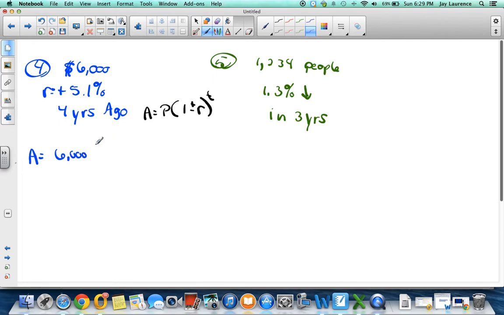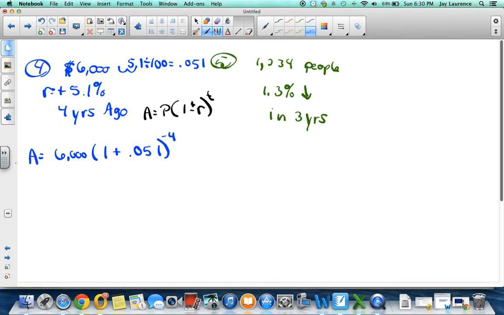We are going up, it's gaining money, so it's a positive. Now I don't put 5.1 in, I take 5 1/10 and I divide by 100, which moves the decimal point 2 places, so it'll be 0.051. Plus 0.051. And it's 4 years ago, so that's a negative time.